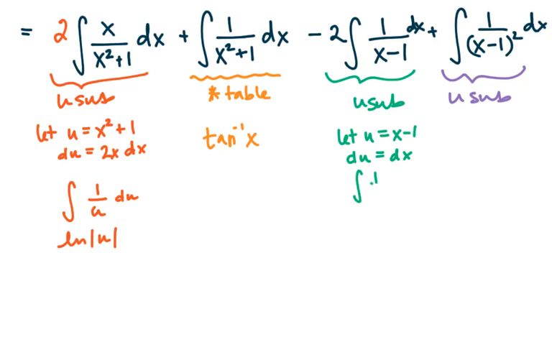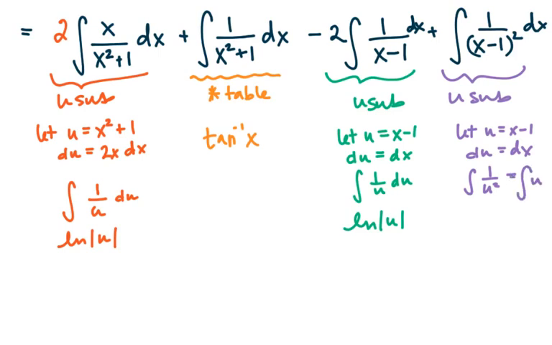We're dealing with the integral of 1 over u du, which of course is going to again give us natural log of u. And the last one, let u equal x minus 1, du equals dx. That means we're dealing with the integral of 1 over u squared, which is the same as the integral of u to the -2, which would give us -1 u to the -1, or -1 over u.